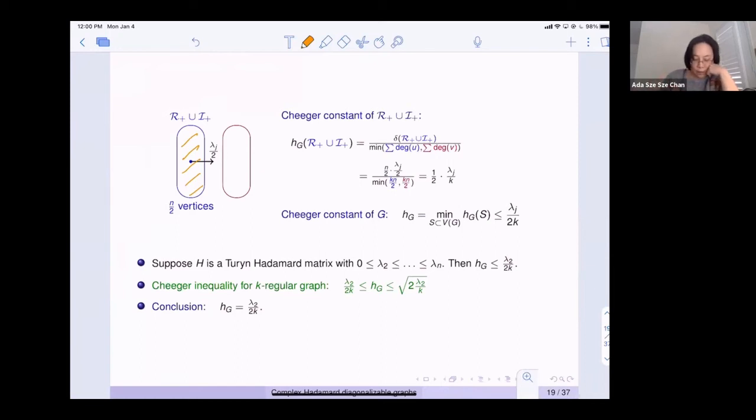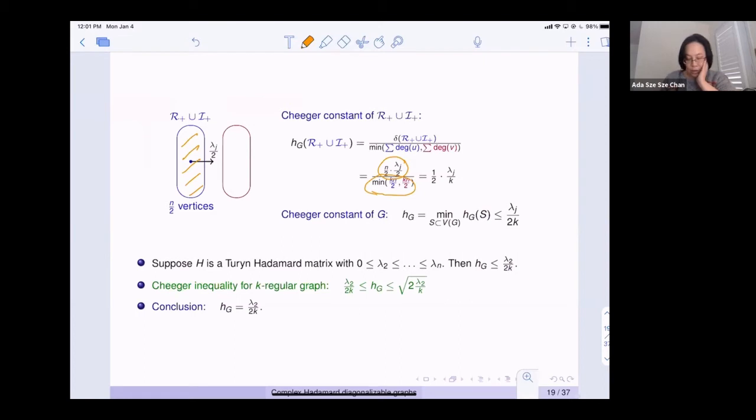Now we have n over 2 vertices, and each vertex on the blue side has exactly lambda j over 2 neighbors on the red side. So the edge cut will have size n times lambda j divided by 4. And then we have n over 2 vertices on each side, and each vertex has degree k. So in the denominator, we have kn divided by 2. So the Cheeger constant for the blue set is lambda j divided by 2k.